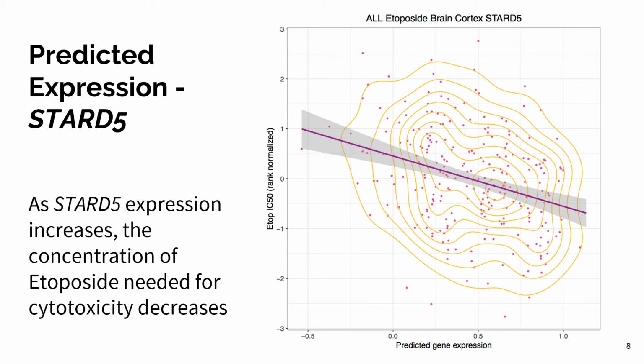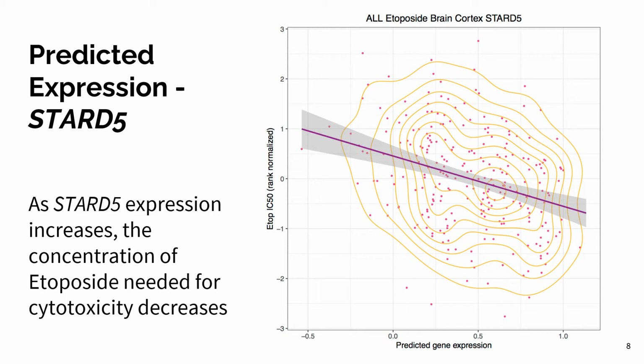So when looking at this, we determined that as STARD5 expression increases, the concentration of etoposide needed for cytotoxicity decreases. So we just plotted the predicted gene expression against our etoposide IC50 phenotype measurements, and we found that at higher levels of predicted gene expression, there is a reduced need for etoposide in order to achieve the same amount of cytotoxicity.